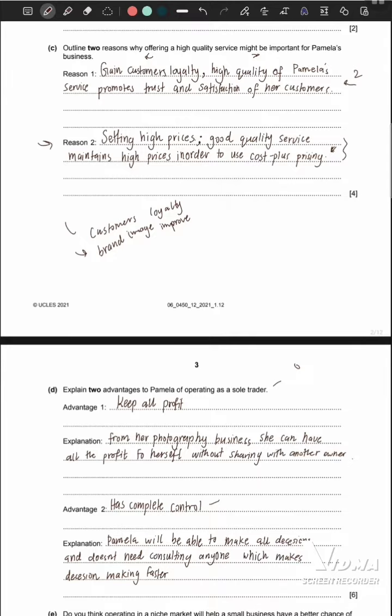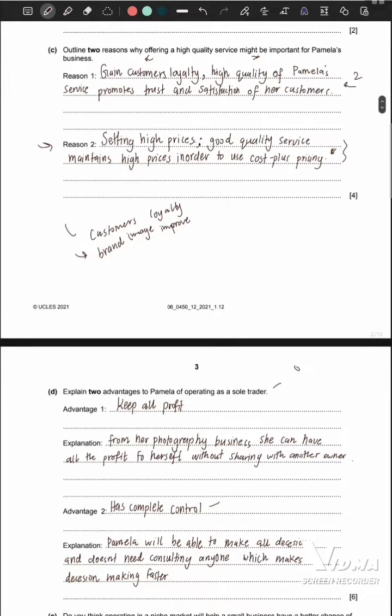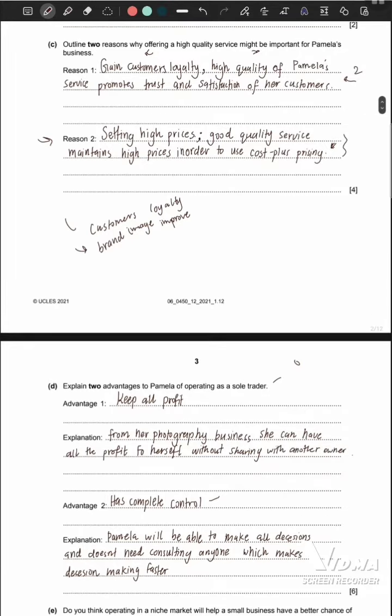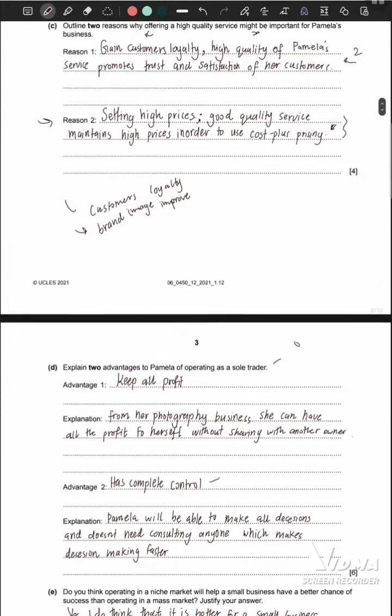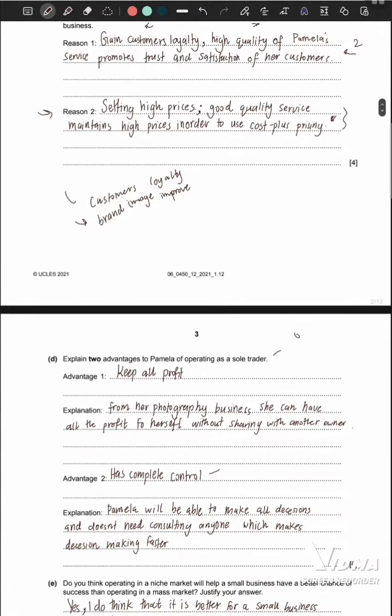Now, she could consult her 2 employees, but since she's the owner, she doesn't really have to, unless she wants to motivate her employees to perform better at work. But usually she doesn't really have to consult anyone since she's the only owner.